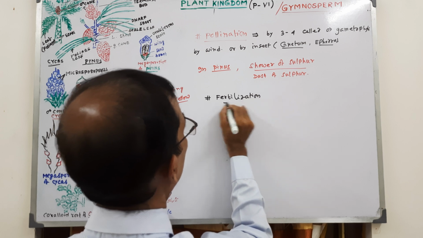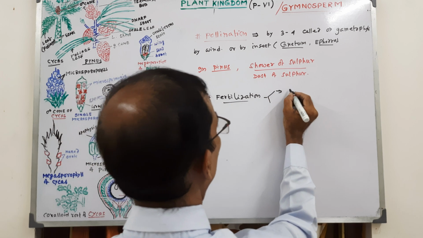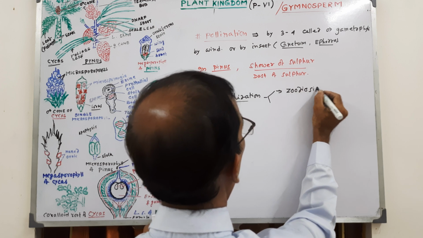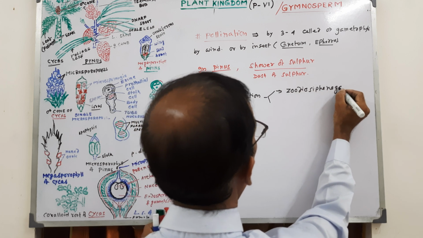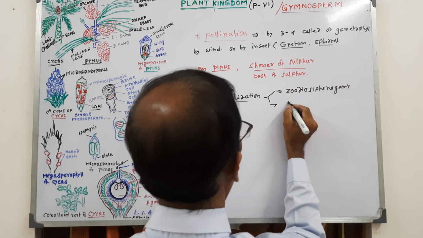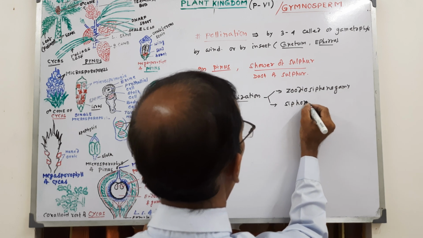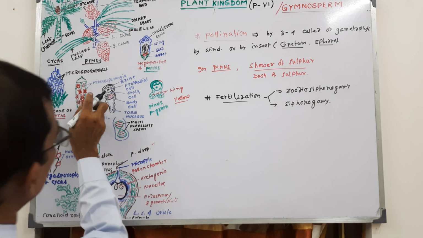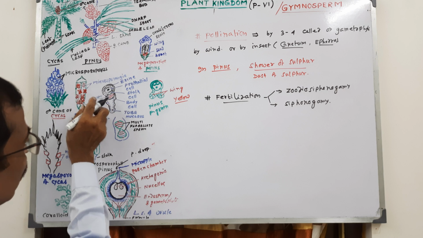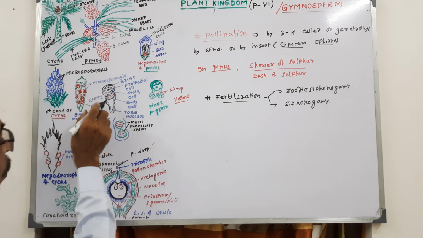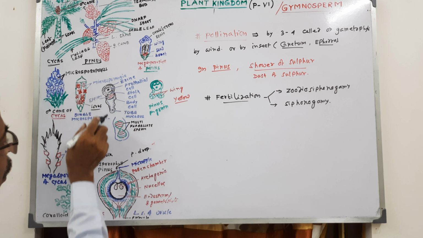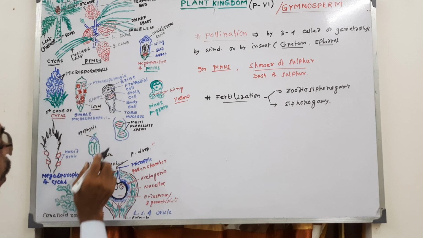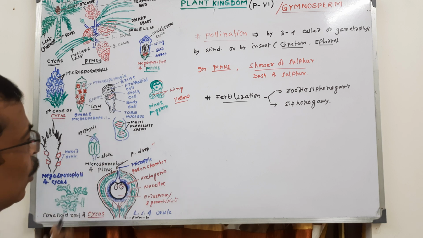Fertilization is of two types: zooidogamy and siphonogamy. When, in Cycas, look here, there is a branched pollen tube, and within the pollen tube there run two multiflagellate top-shaped motile gametes.